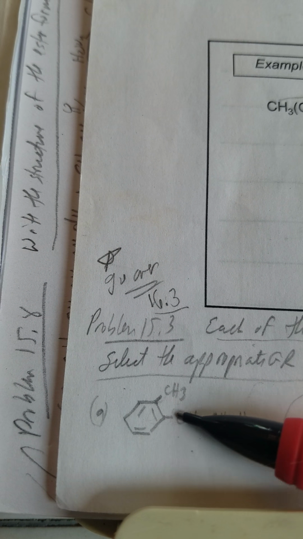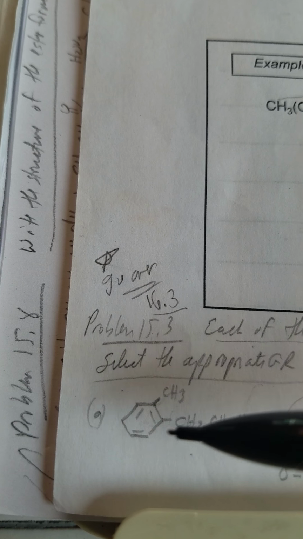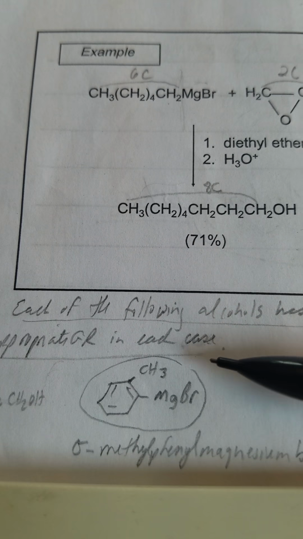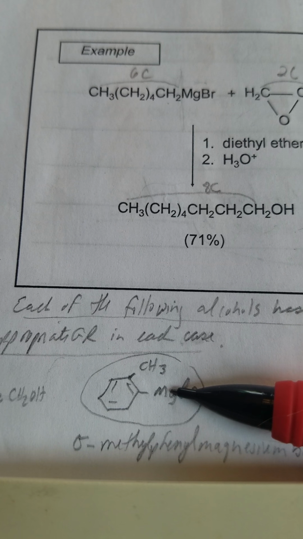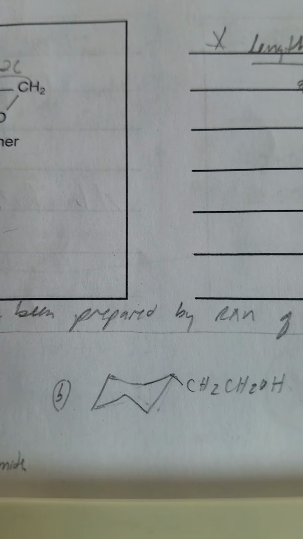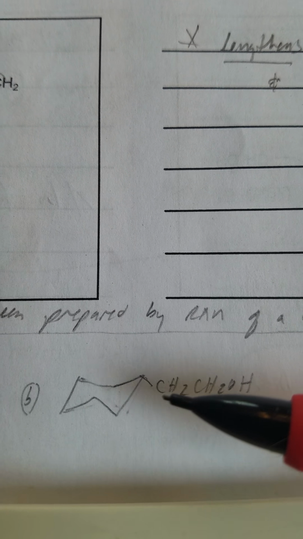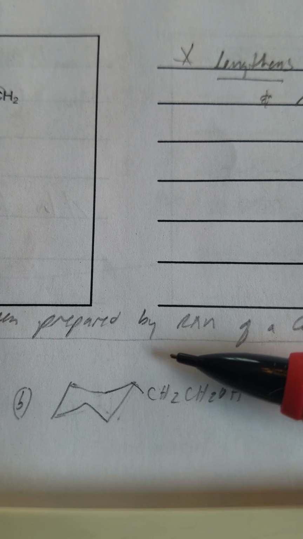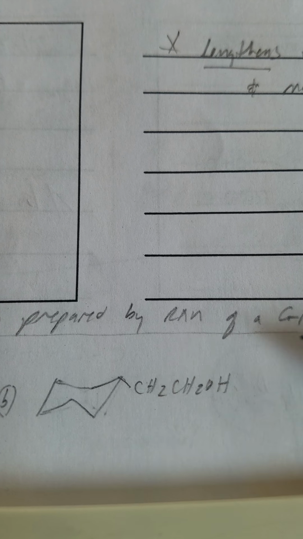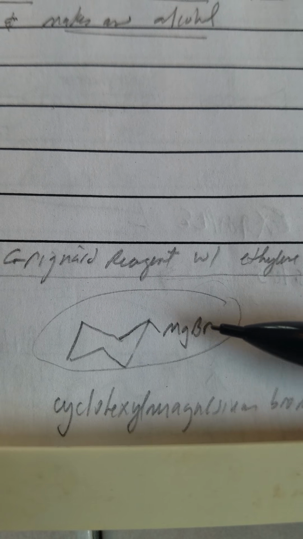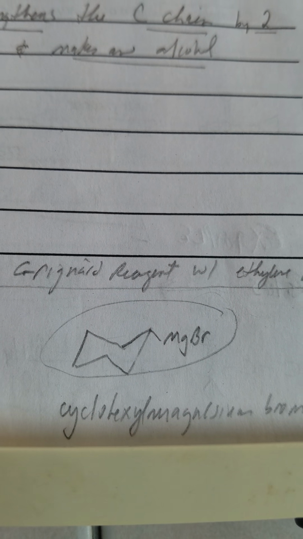So we'd break it here, and then we'd add on our magnesium bromide or whatever we want to use as our Grignard reagent. So this will be our Grignard reagent for this first product. For this product, again, here's our ethyl group, or our 2 carbon group. So we again break here, and then our magnesium bromide or magnesium halide would attach to our cyclohexane.